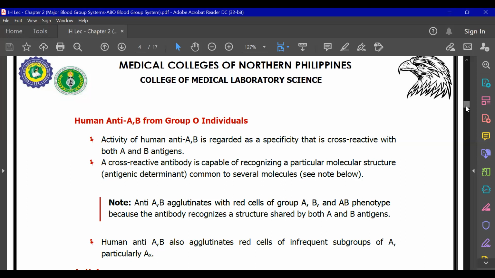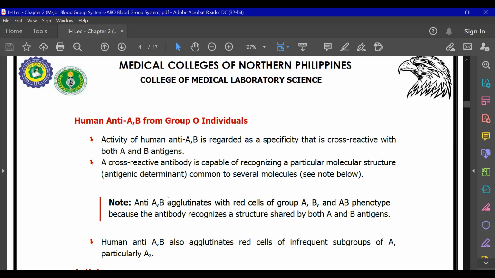Okay, so a cross-reactive antibody class is capable of recognizing a molecular structure which is common to more than one molecule. So your anti-AB recognizes a particular antigenic determinant which is common to more than one molecule, or specifically your A and B antigens.